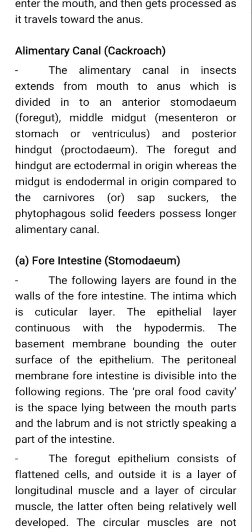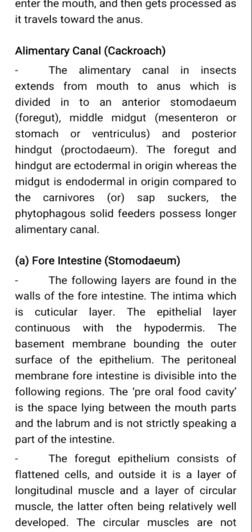So, there are three regions of the alimentary canal, which are foregut, midgut, and hindgut. The first one is the foreintestine or the foregut. The following layers are found in the walls of the foreintestine.